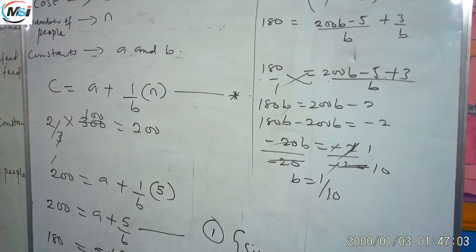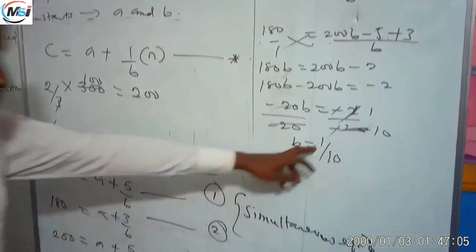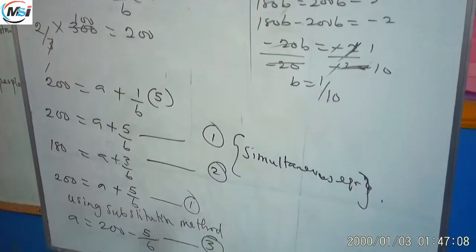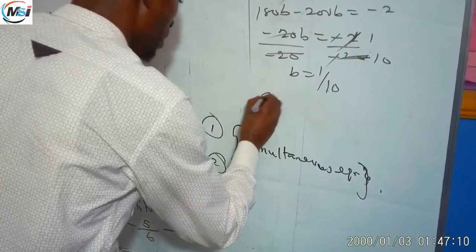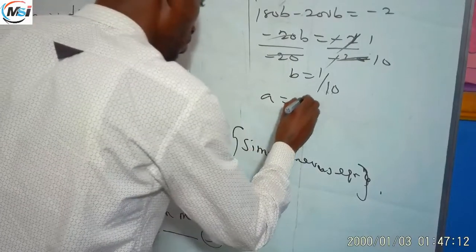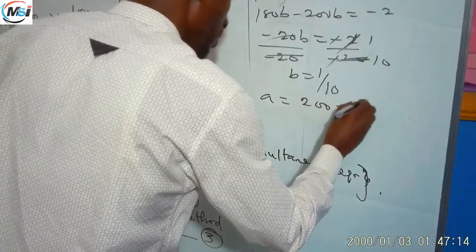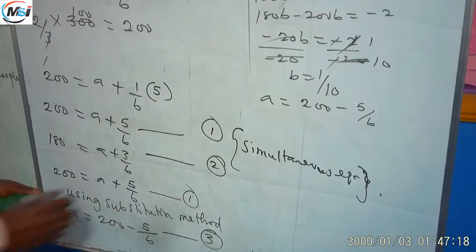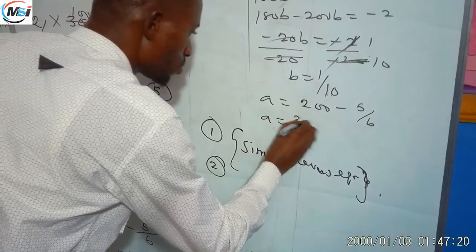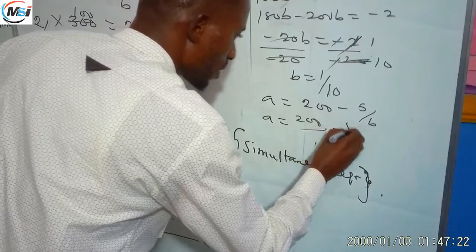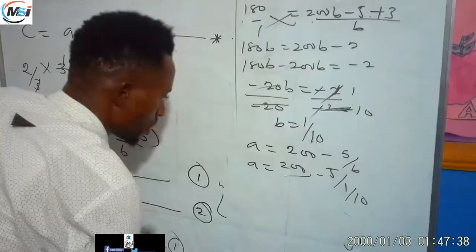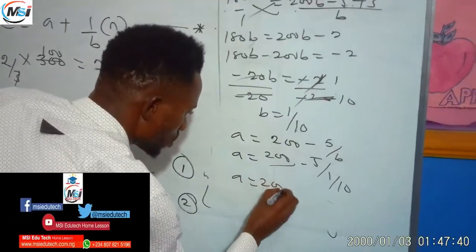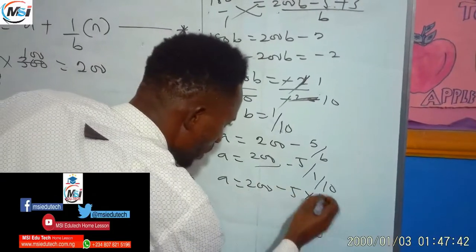Since you have gotten the value for B, substitute it in equation 3 so you can get the value for A. A is equal to 200 minus 5 over B, and B is equal to 1 over 10, then A is equal to 200 minus 5 times 10.